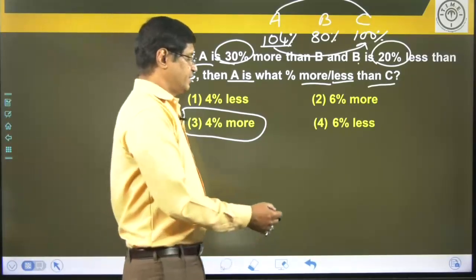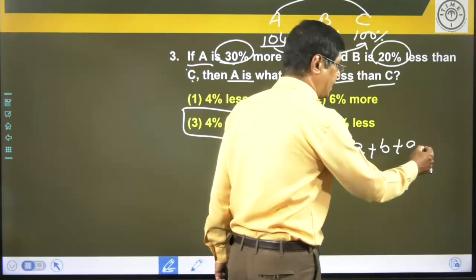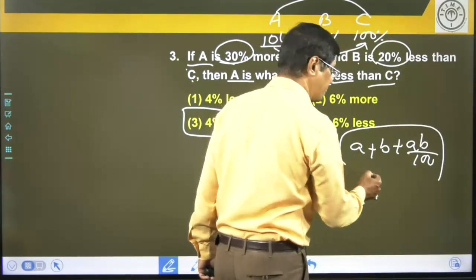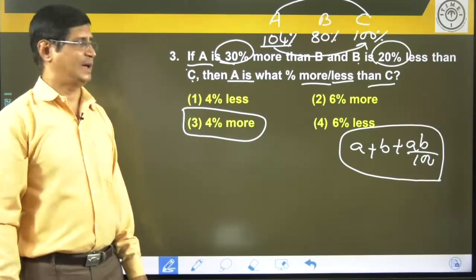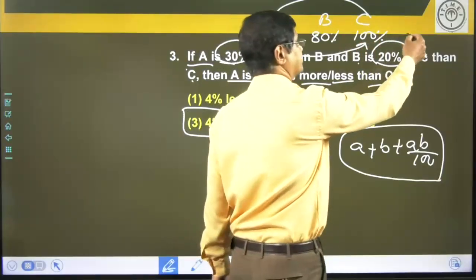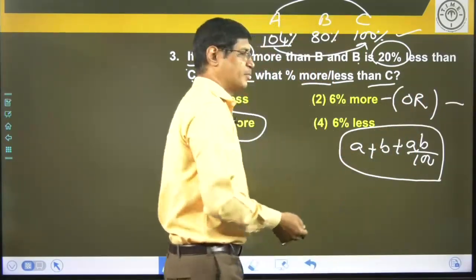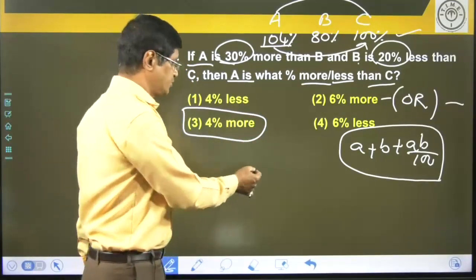Can we apply the formula of A plus B plus AB by 100 which we discussed in the previous example? Can we apply it? Yes, my dear students. Comfortably you can apply. So this is one process. The other process is A plus B plus AB by 100. Now 20%, 30%, just observe.